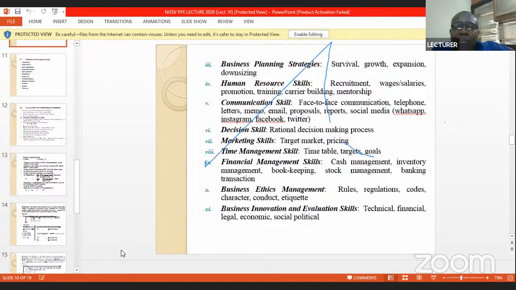The next one is time management skills. Time management skills, very, very important. Time management is one of the greatest problems that young people have. But if you check our development from primary school to the university, to this particular exam that you are trying to write, you will notice that there has always been a timetable.